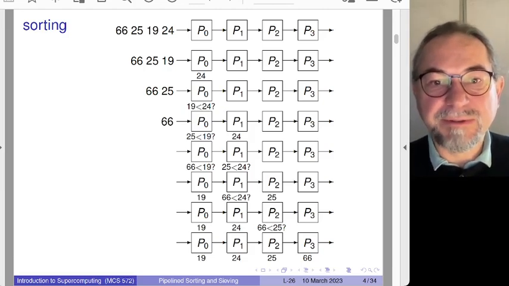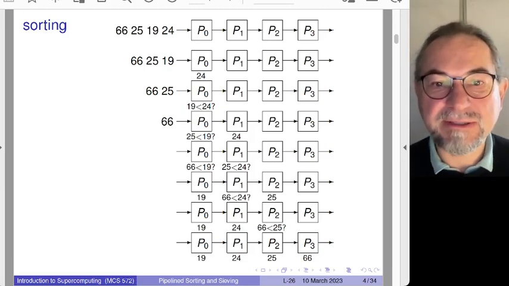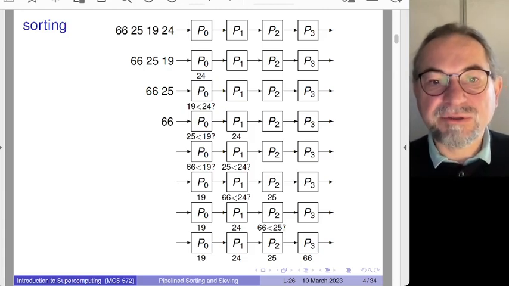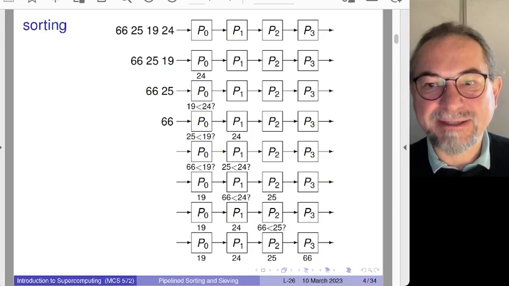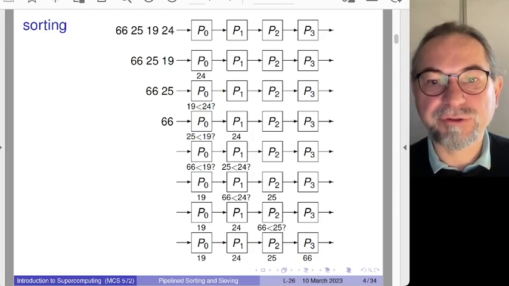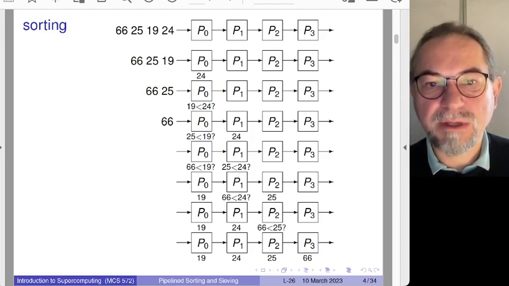25 comes in. 25 is not less than 19, so that means that this 25 is then also sent to the pipeline, and each processor receives a number, compares the number with the existing number, and sends the larger number further down the pipeline.